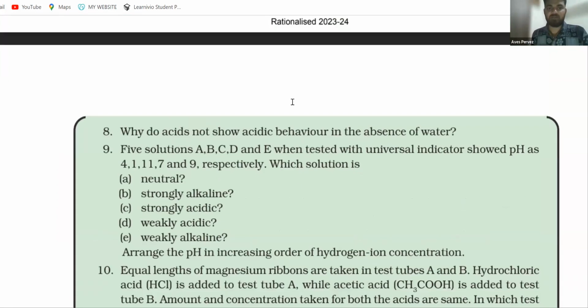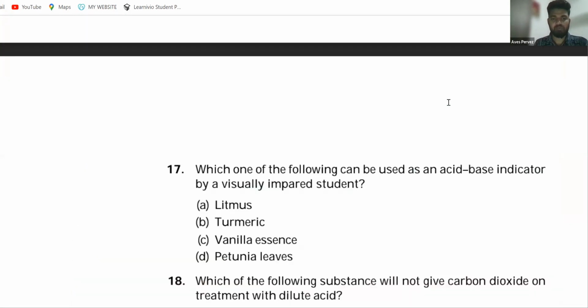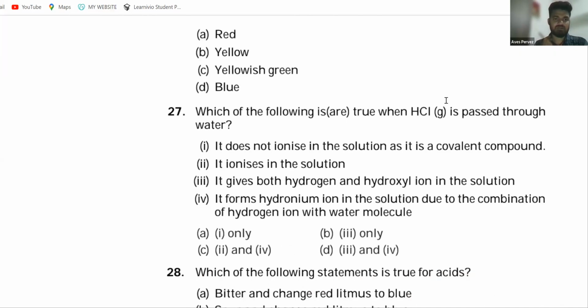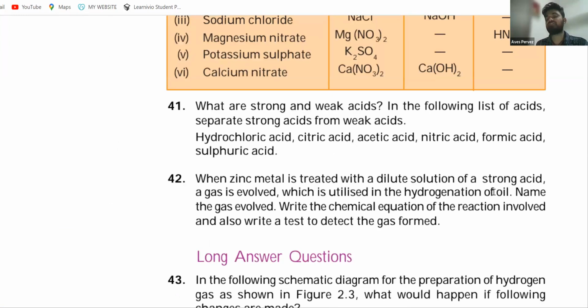Okay. So let's do an important question from the example. When zinc metal is treated with a dilute solution of a strong acid, a gas is evolved which is utilized for the hydrogenation of oil.